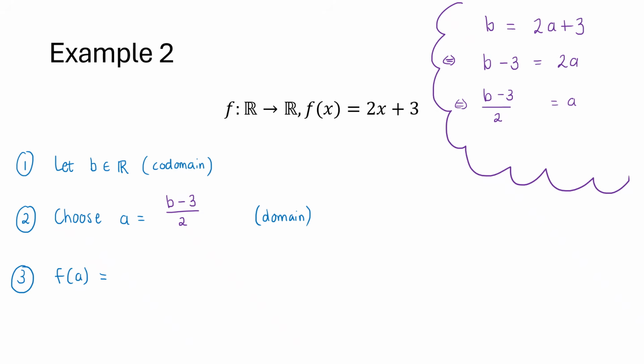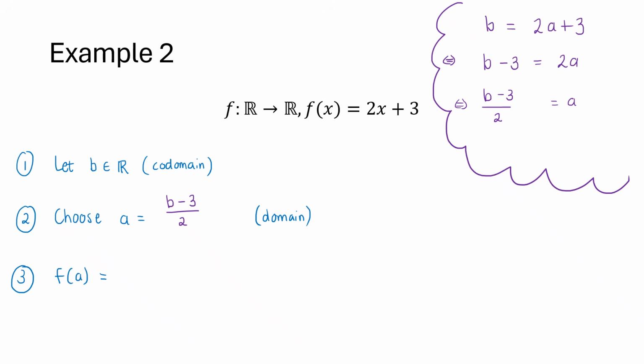The most important thing is we need to check that this A that we have found is part of the domain. If it's not possibly part of the domain, then we cannot definitively prove that this function will be onto. So let's just take a look at the expression for A. We said A is (B minus 3) over 2.